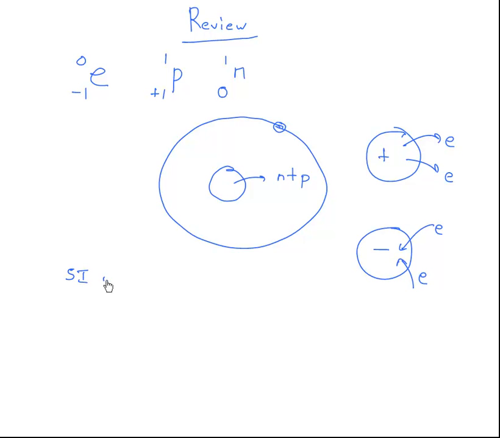The SI unit of charge is Coulomb, which is denoted by capital C. The charge on an electron is negative 1.6 times 10 raised to minus 19 coulombs. The charge on a proton, therefore, would be positive 1.6 times 10 raised to minus 19 coulombs.